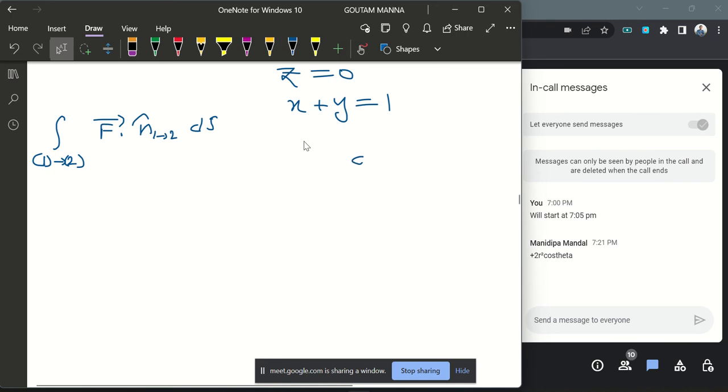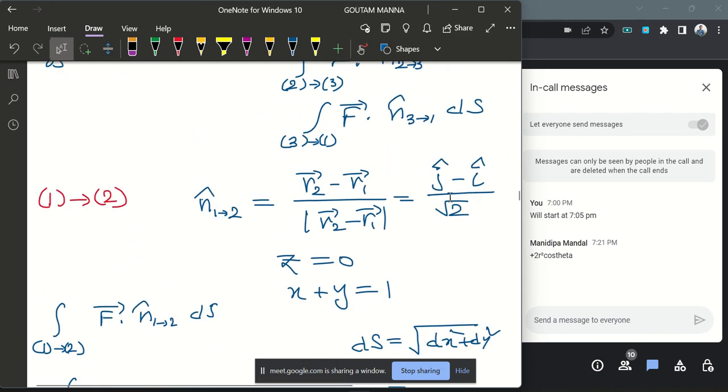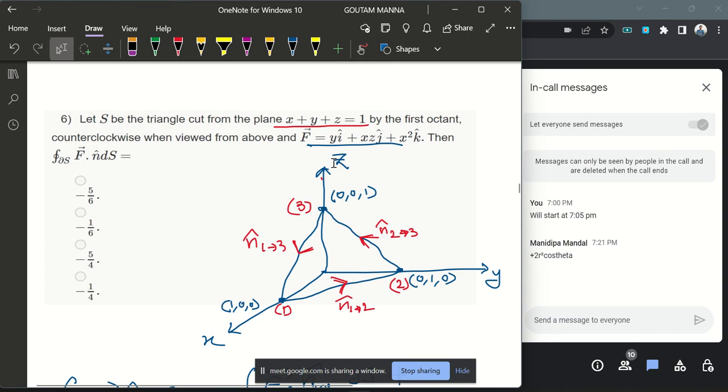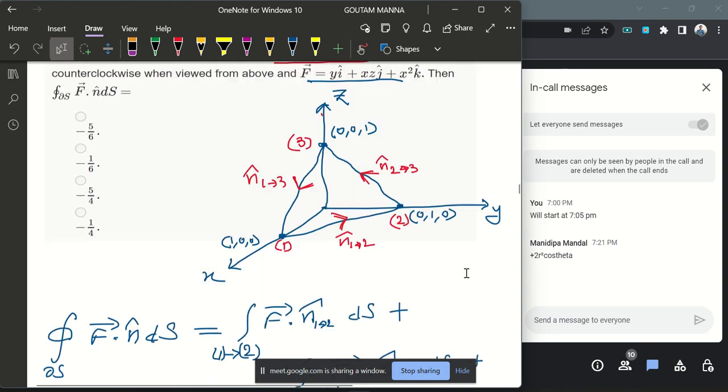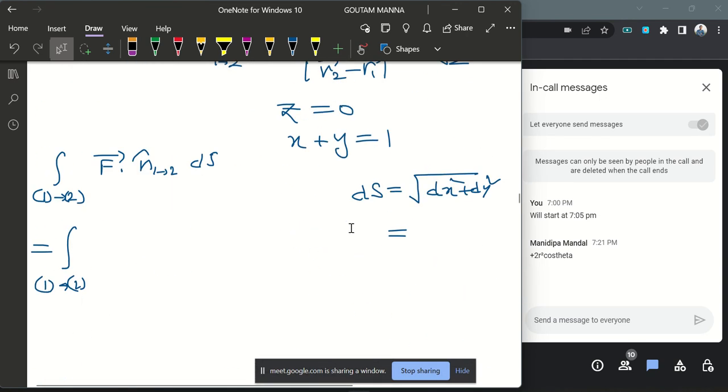this ds is given by root under dx square plus dy square. So if you calculate f dot n hat from 1 to 2, there is minus i hat here and there is y here, so it will be minus y.